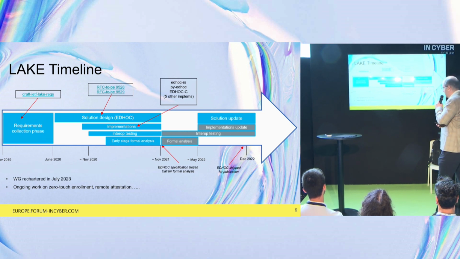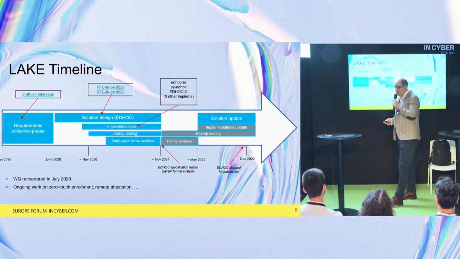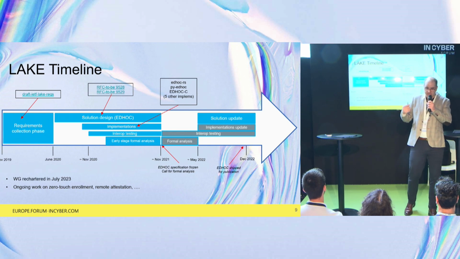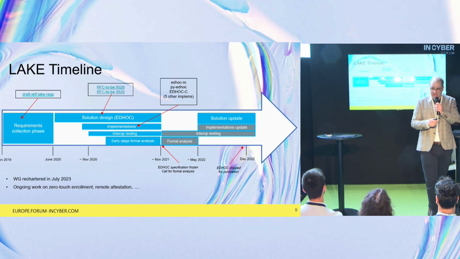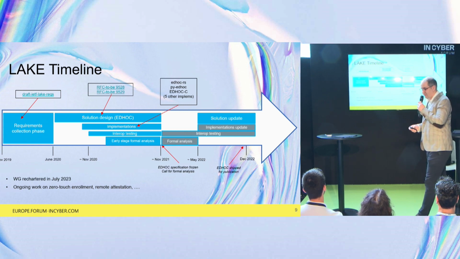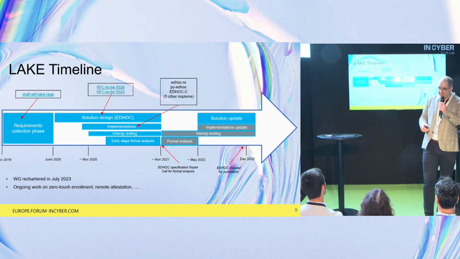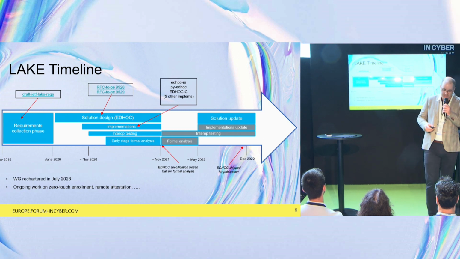This phase took place between November 2019 and June 2020. In June 2020, we had an adoption call for a solution document to the requirements that we had defined in the first place. We adopted a protocol called EDHOC as a solution of the working group, and we kept working on it until last week.